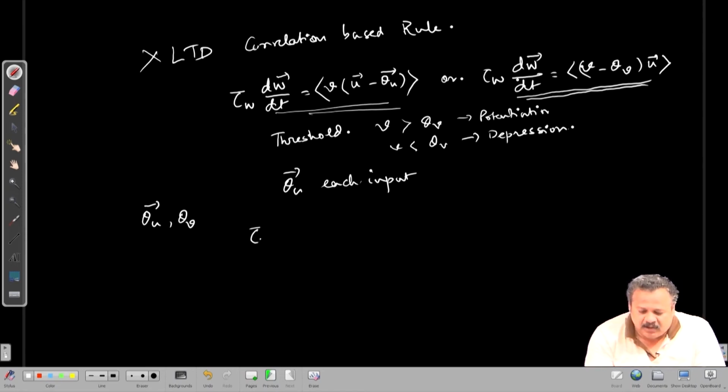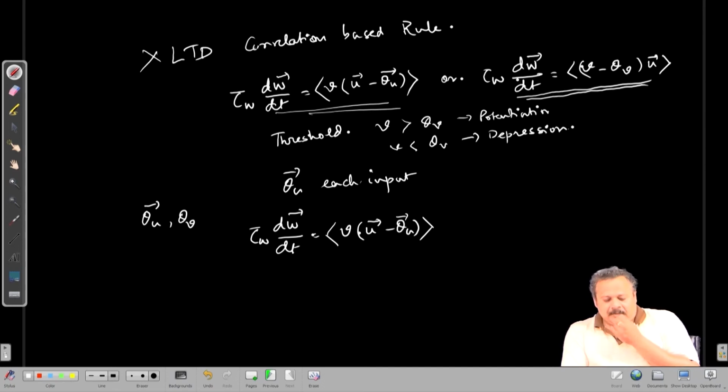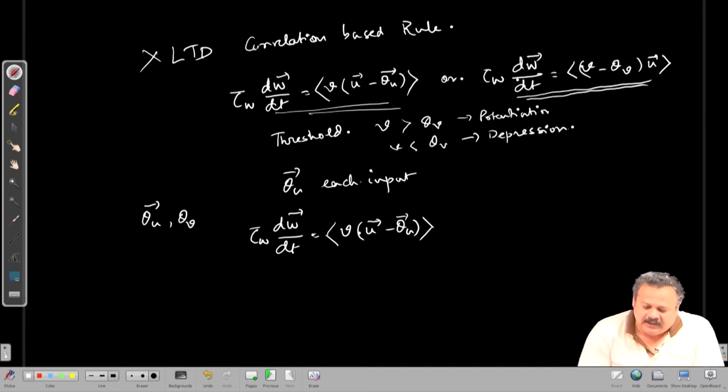Which is tau w, let us say dw dt equals the average of v and u minus theta u. Now, this is a vector. So, now what is our average of v times u minus theta u?